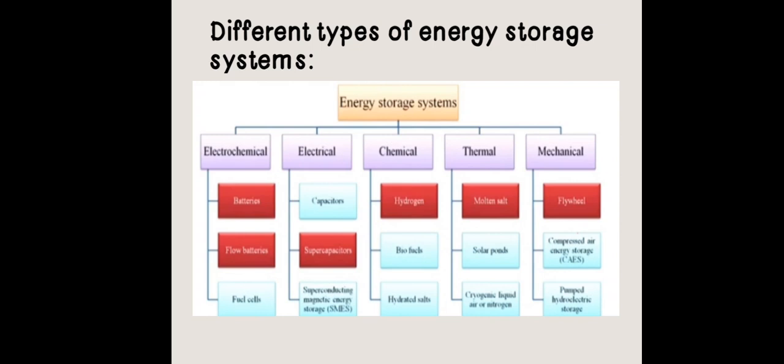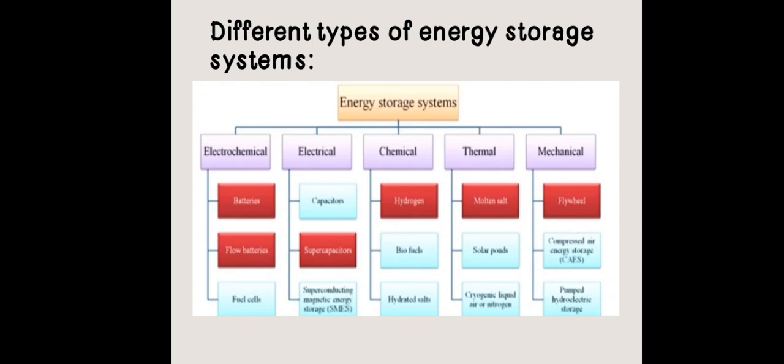Second, electrical. It can be divided further into capacitors, supercapacitors, superconducting magnetic energy storage, in short SMES. Third, chemical. Chemical storage is divided into hydrogen storage system, biofuel storage system, hydrated salts.